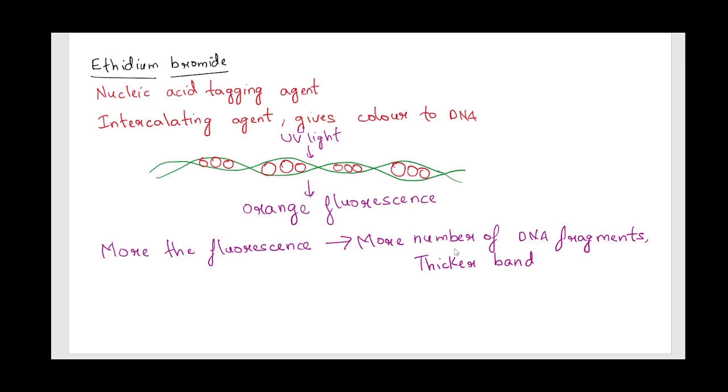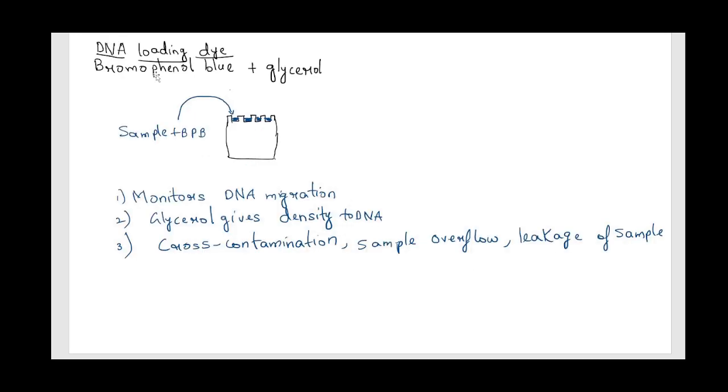If the fluorescence is more, that means there are more number of DNA fragments as it appears as a thick band. DNA loading dye has bromophenol blue and glycerol as its main components. When you load the DNA sample in the wells, it is not possible for you to monitor its migration as it is colorless.